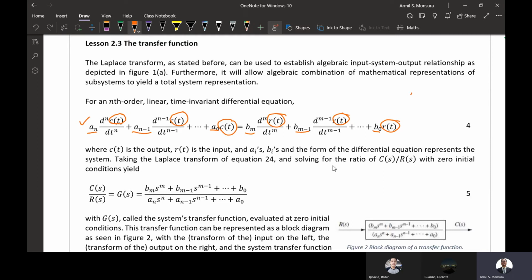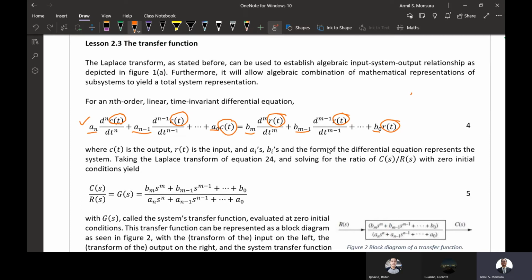So, yung characteristics ng system niyo are modeled on those coefficients. So, dyan, ito yung sinasabi natin na kapag ang representation ng system niyo is in terms of a differential equation, magkakahalo lahat. Okay? Nakahalo yung system characteristics niyo dun sa mga signals. Dun sa input and output signals niyo.